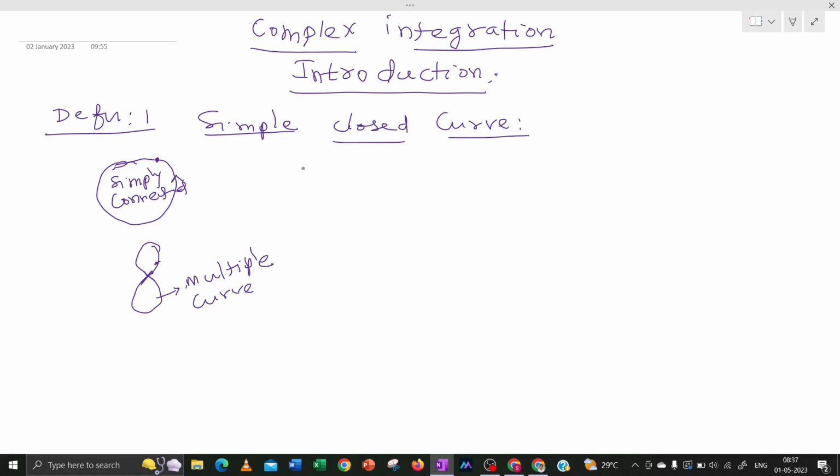So how can we define a simple closed curve and a multiple closed curve? A curve is called a simple closed curve if it does not cross itself.